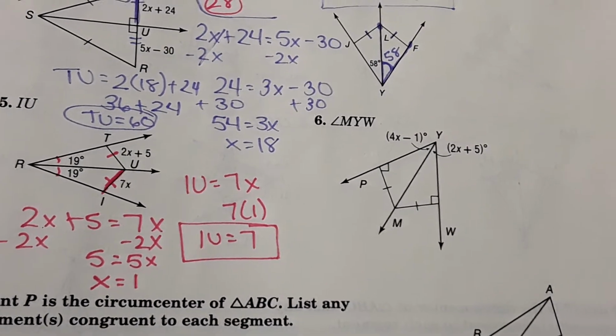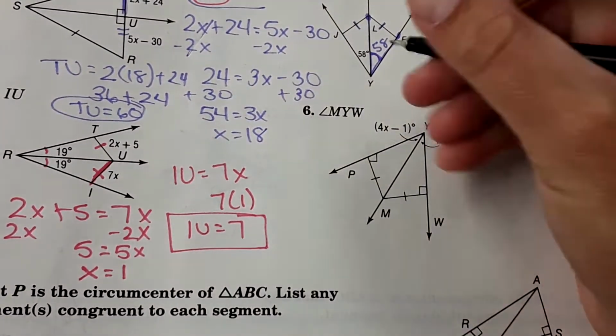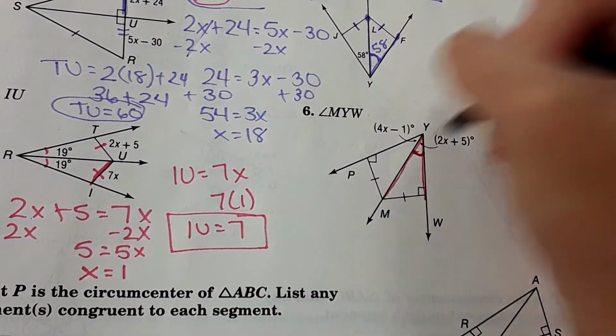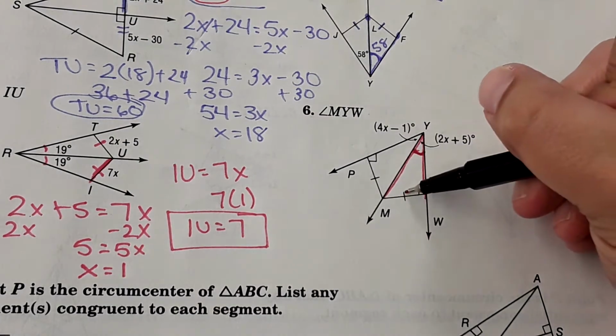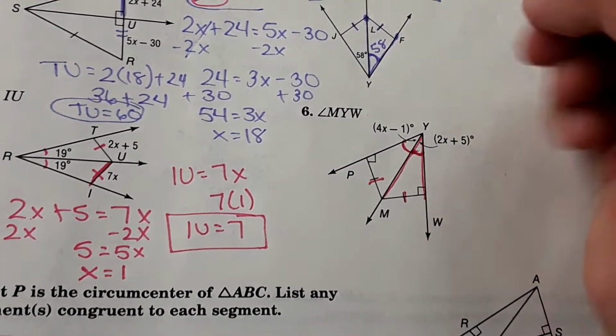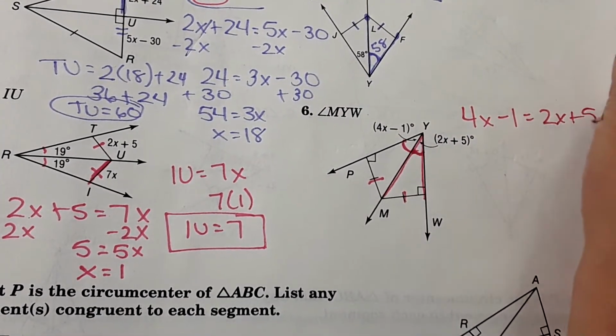And number 6, it wants to know the measure of MYW. So again, tracing those letters, it's this angle right here. It shows that these are the same measure, so therefore these angles are the same measure. So we can set the expressions equal and solve for x to begin with.